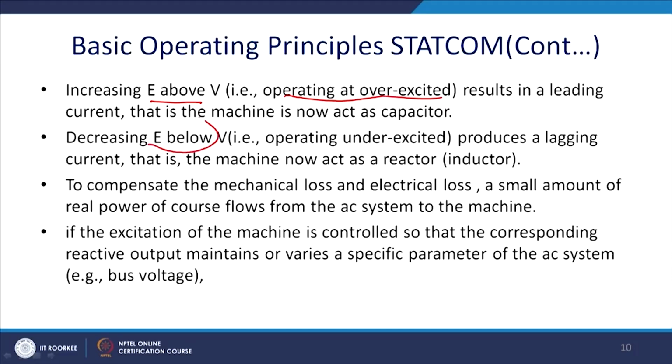Decreasing E below V, it operates as under excited, producing lagging current, and the machine acts as an inductor or reactor. To compensate the mechanical and electrical losses, a small amount of real power actually flows from the system to the machine to meet the losses.